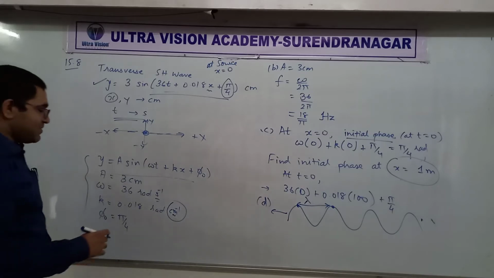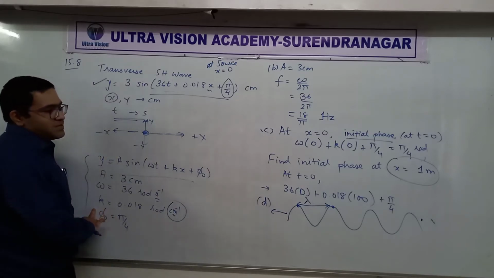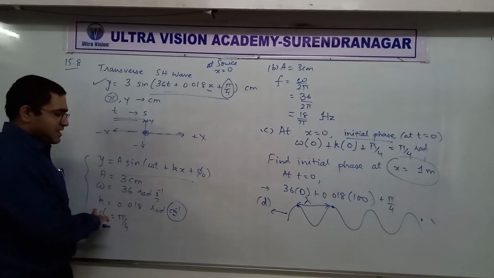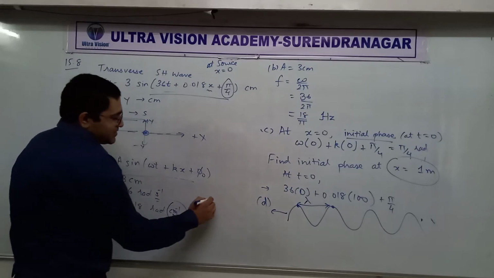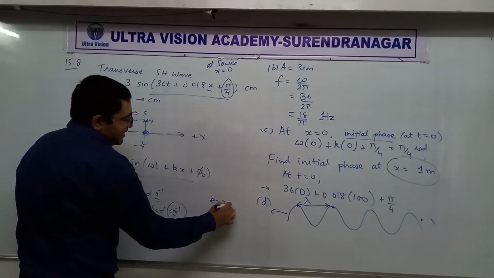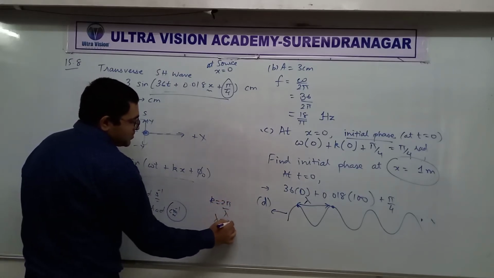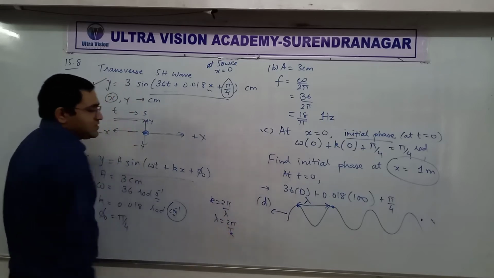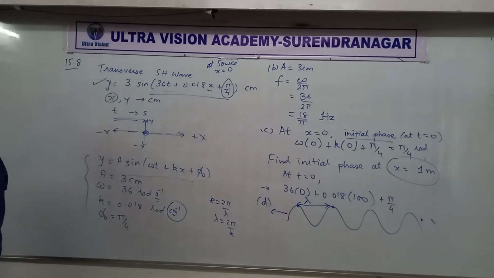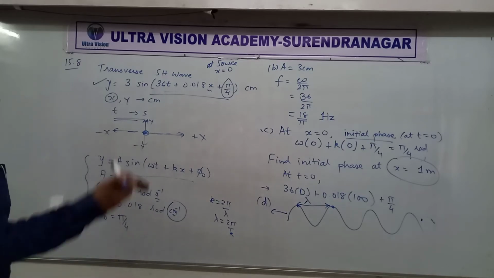You can easily do it by K's value, isn't it? Okay or not okay? K is 2 pi by lambda. So lambda is 2 pi by K. Fine? So that will give you the answer. Okay? Right.